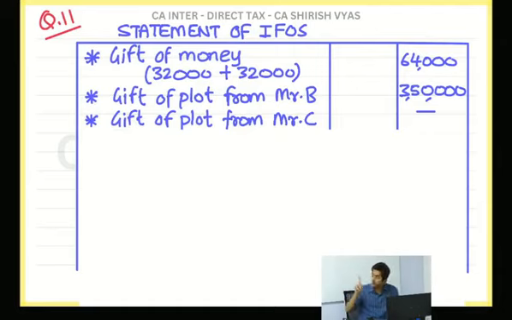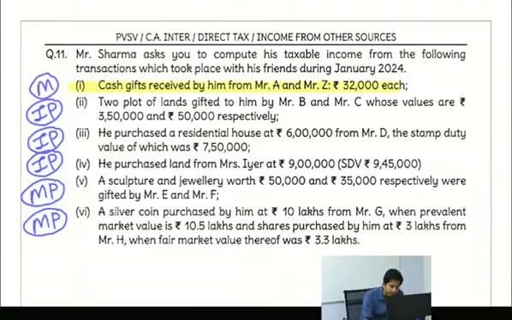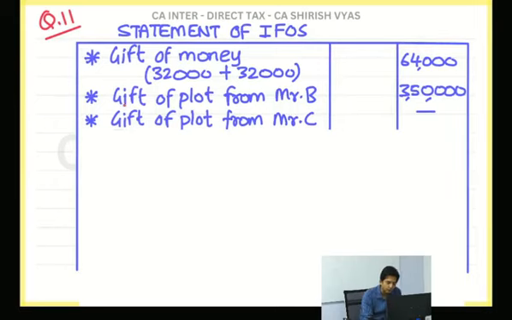Don't just see the screen only, see the wordings of the question also. What was given? Gift of land from B and C. So first I wrote gift of plot from B, and that was having value of 3,50,000, taxable. Other was below, so it will be exempt.